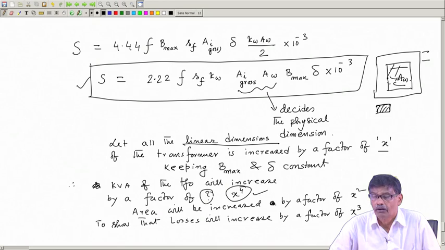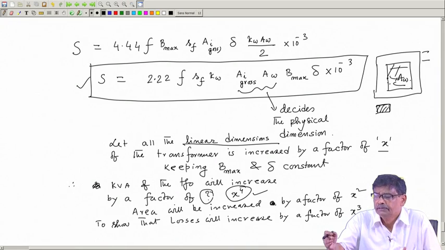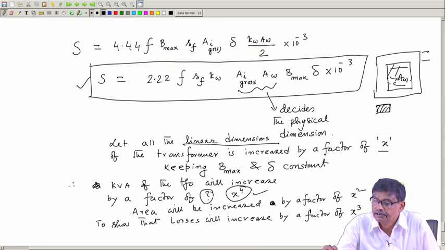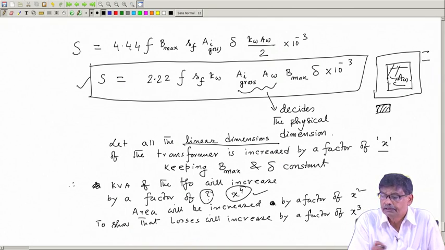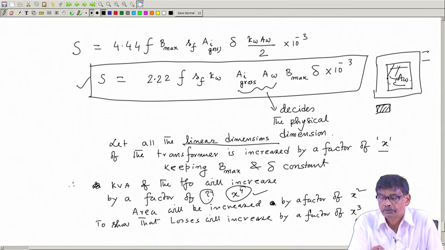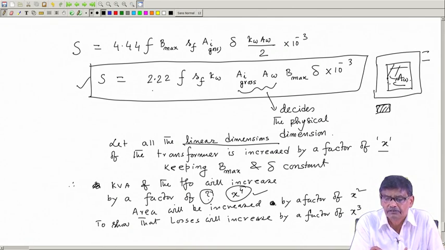There will be also space required by the insulation, which will be covering the conductors, and so on. So, about 35% of this space, window physical area, will be occupied by copper. So, in terms of that, for a core type transformer, we got this KVA rating. Note down this factor 2.22.